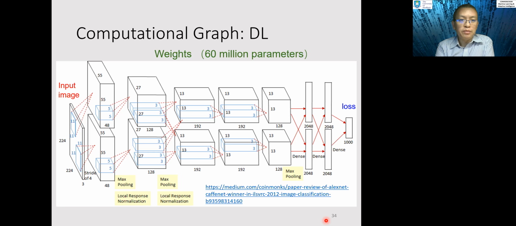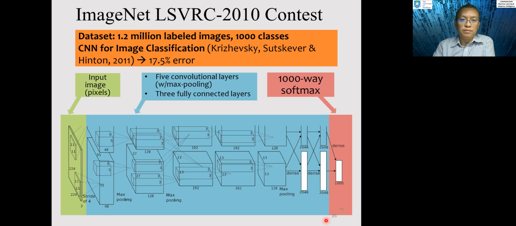So this may look complicated to you. But as I mentioned earlier, we need to have a modular view of machine learning models. So let us look at this, which is called AlexNet. It was the winner in the ImageNet competition 10 years ago.